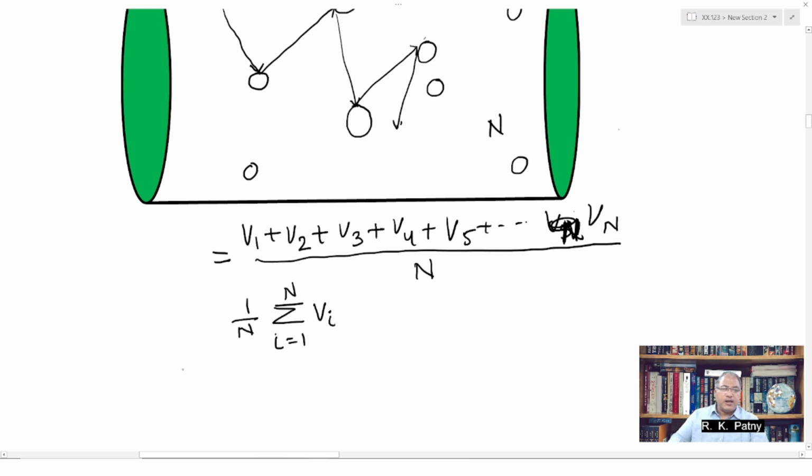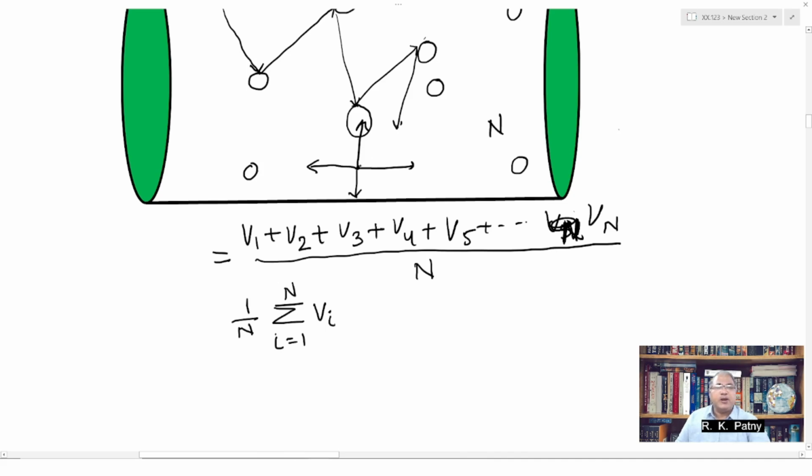Now many of the electrons are moving in the forward direction and many of the electrons are moving in the backward direction. Similarly, some electrons are moving along the y direction and some are moving in the negative y direction.